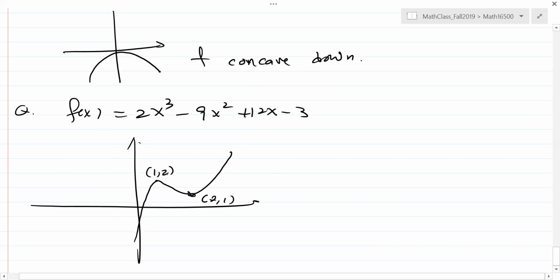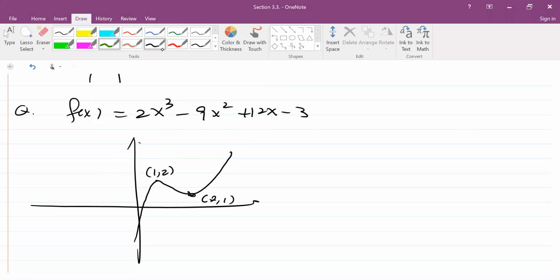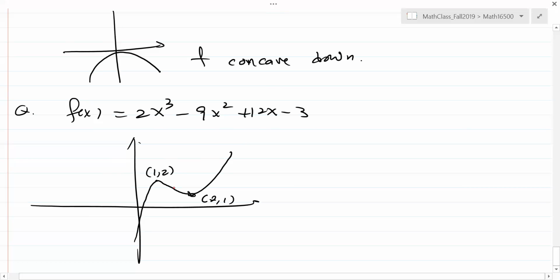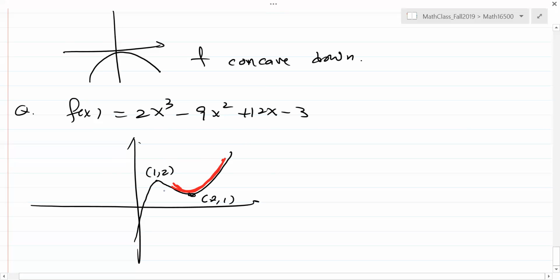And how about the concavity of this function? It's not surprising if the graph is concave up here, right? Concave up. Then I get another picture, concave down. So somewhere the concavity changes, and that point is called the inflection point.